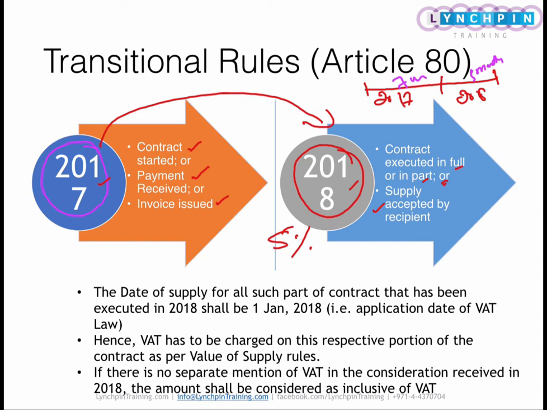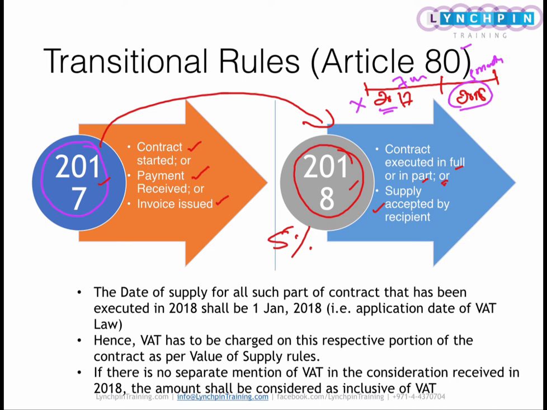In this case, the portion which is falling in 18 would be subject to VAT, and the portion which is falling in 17 won't be subject to any VAT. Now this is as per Article 80 of the UAE VAT law.